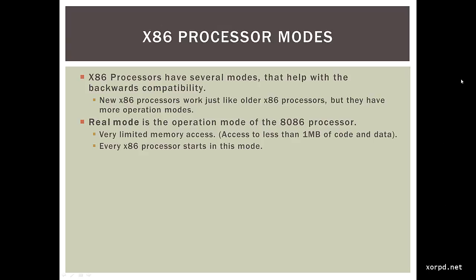Real mode is the operation mode of the 8086 processor. It has a very limited memory access. Just for example, you can access less than 1 megabyte of code and data, which is very unfortunate. Programmers that used to program the 8086 processor in real mode had many difficulties because most of the time it's not very easy to put all your code in such a small place.